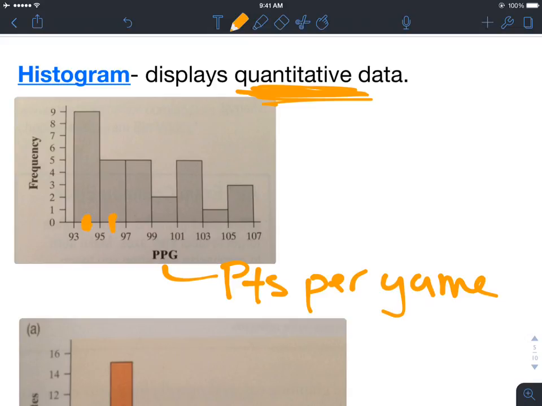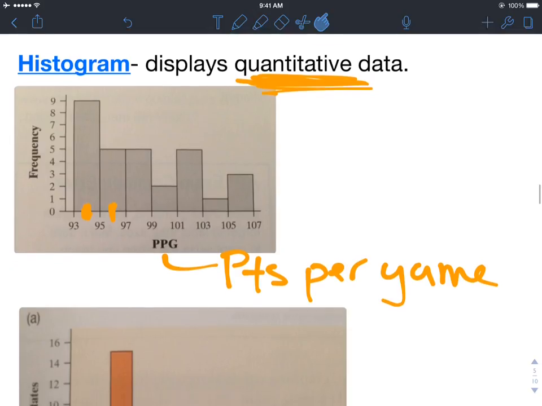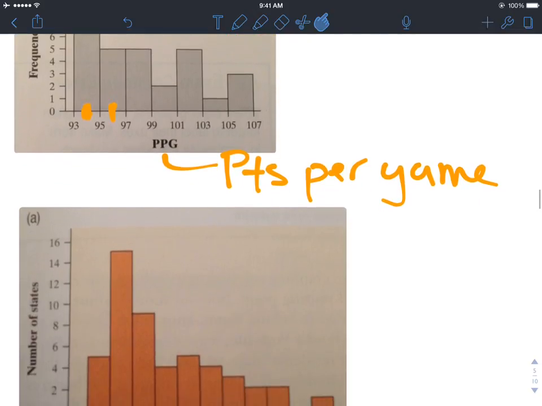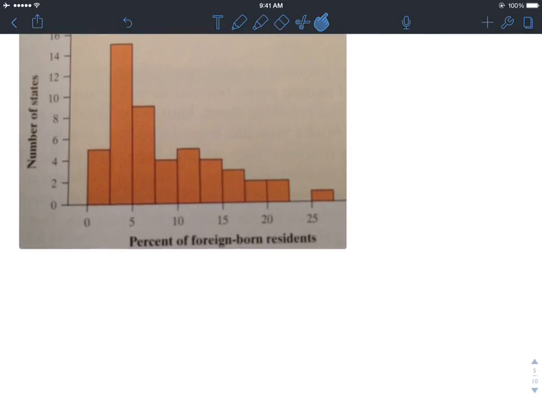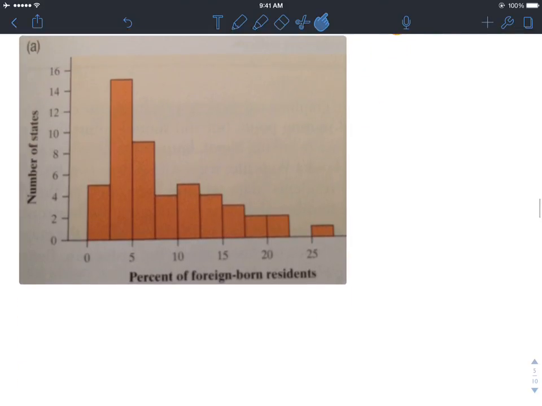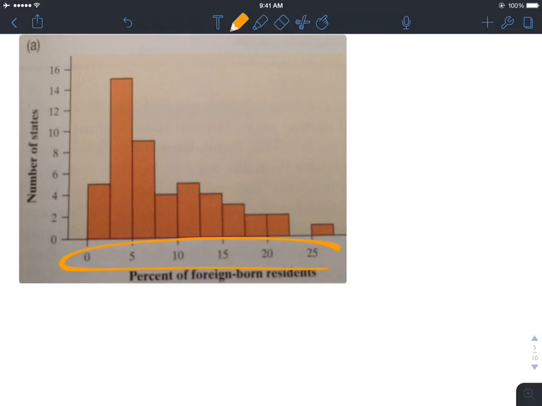You could score in between. And here's another one: percent of foreign-born residents and the number of states. And notice this percentage down here, that is quantitative.